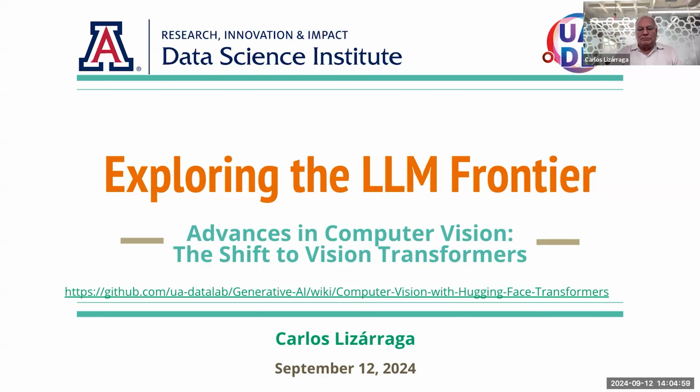a lot has been done using computer vision, and there are several tools that have been developed through the years. Now that we have Hugging Face and large language models, things are shifting towards using large language models to do some types of computer vision tasks.